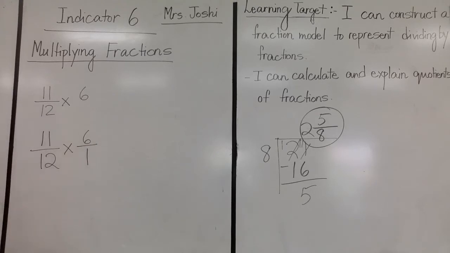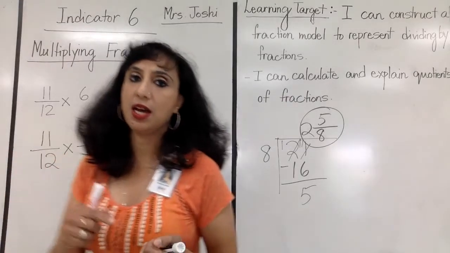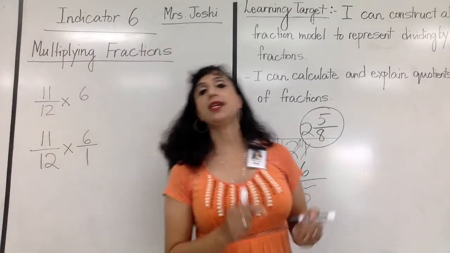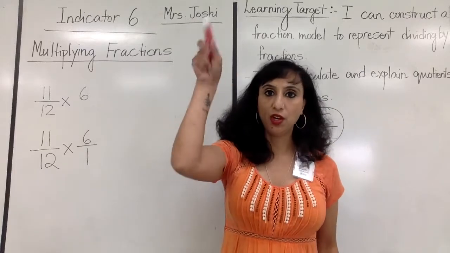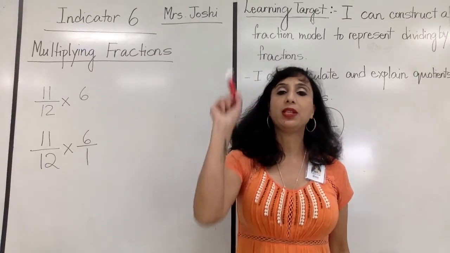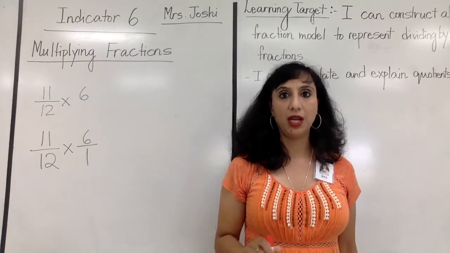And then you can do 11 times 6 and get a big number, 66 divided by 12, and then simplify. But the easiest way to do this is simplifying when I have a multiplication sign in the middle. I can take any number on the numerator and simplify with any number in the denominator.